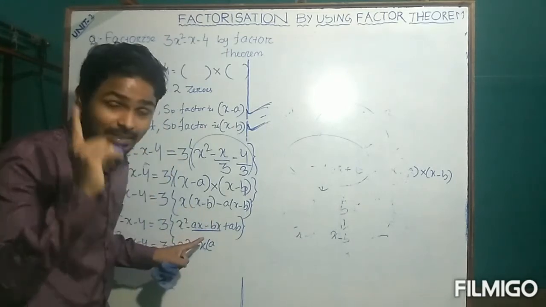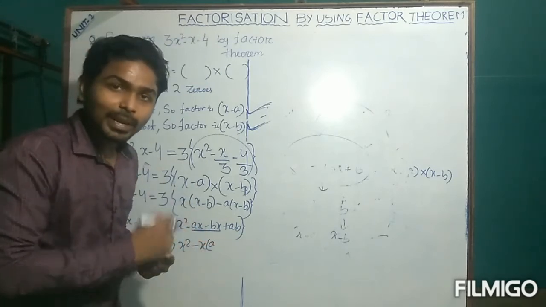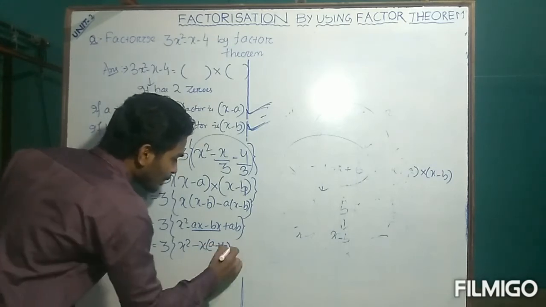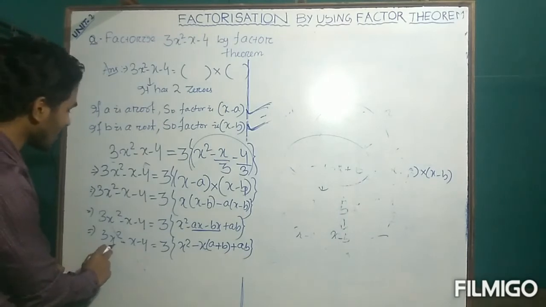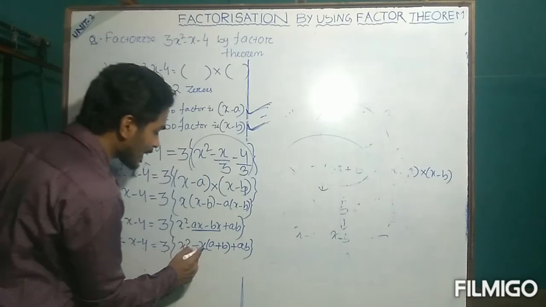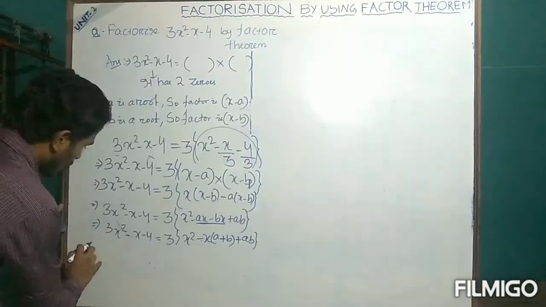Since minus is taken as common, that means inside the bracket the sign will be changed. It will be plus b. Okay, plus ab. Okay, so I get 3x square minus x minus 4 is equal to 3 whole into x square minus x whole into a plus b plus ab and bracket.